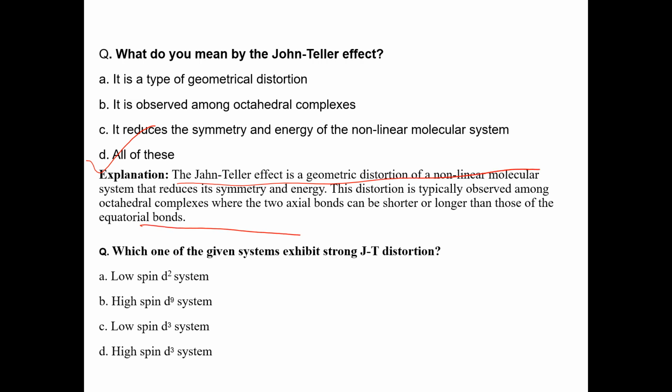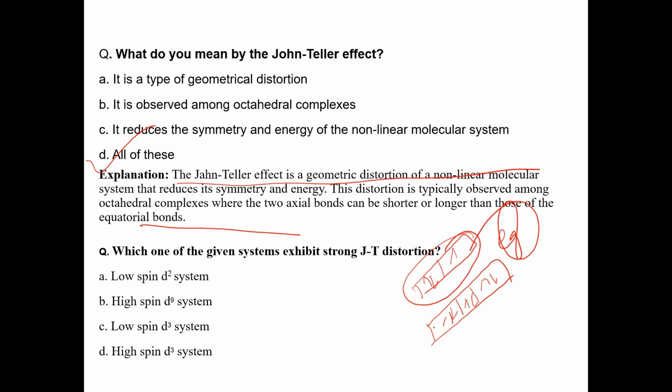The next is, which one of the given systems exhibits strong Jahn-Teller distortion? Low spin d2 system, high spin d9 system. So in the case of a high spin d9 system, you can see eg is unsymmetric here.